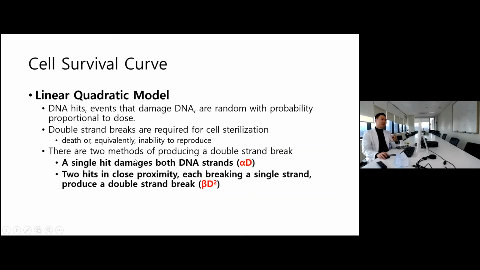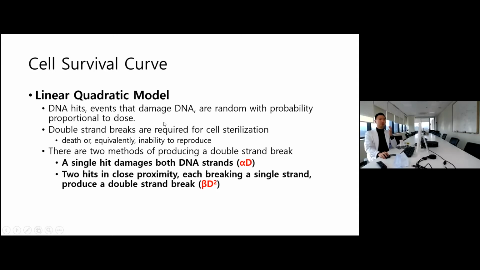So again, this linear quadratic model has some assumptions. Firstly, it assumes that DNA hit events from the damage of DNA are random and with probability proportional to the dose.